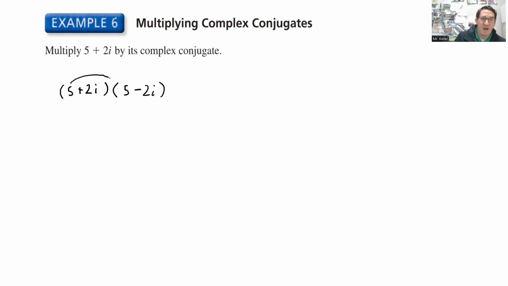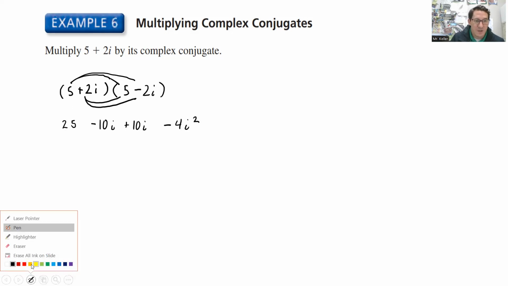So distribute the 5. 5 times 5 is 25. 5 times negative 2i is negative 10i. Positive 2i times 5 is positive 10i. 2i times negative 2i is negative 4i squared.